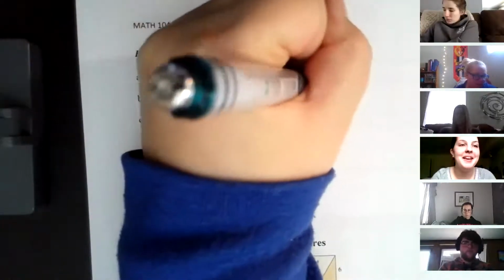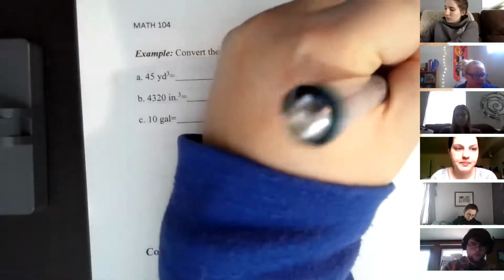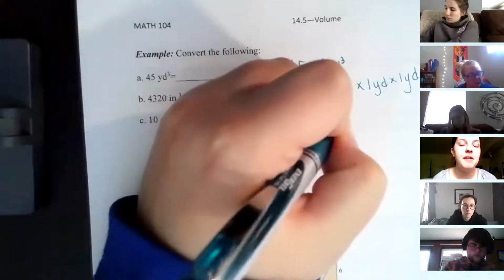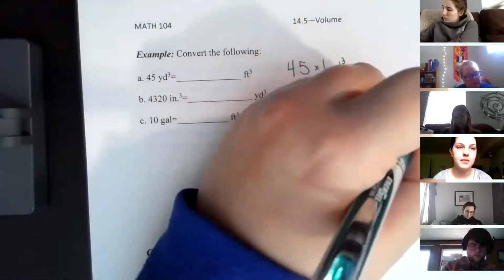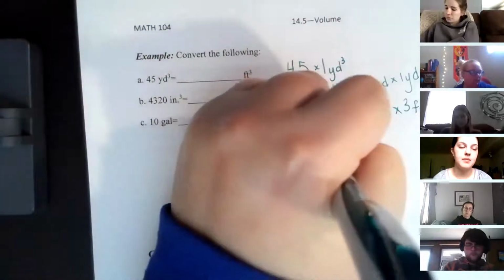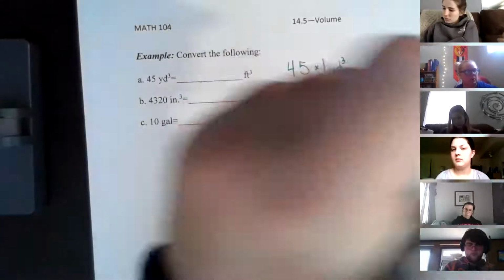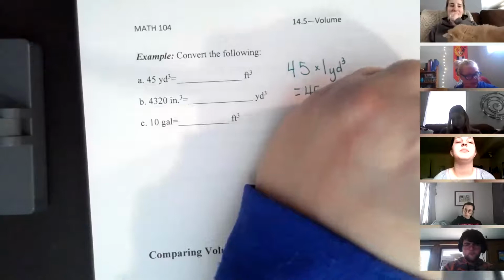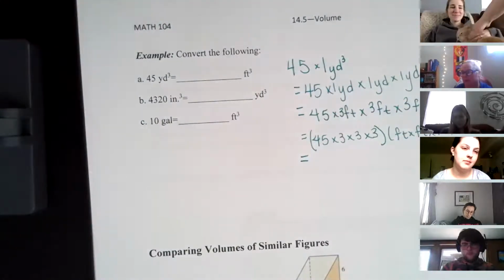Right. So that would be 45 times 1 yard times 1 yard times 1 yard. 45, and then for every yard there is 3 feet times 3 feet times 3 feet, which is going to be 45 times 3 times 3 times 3 times feet times feet times feet, which is, what is that number?